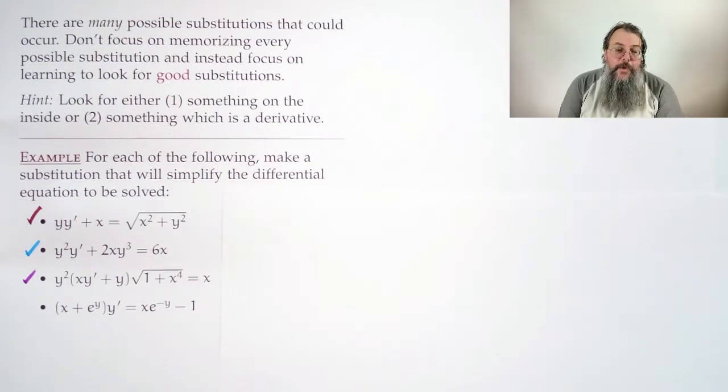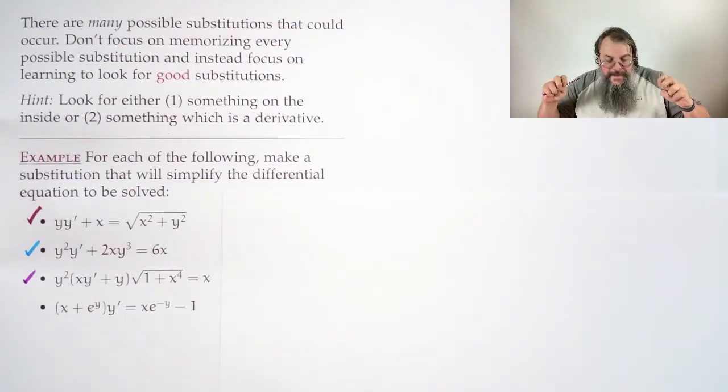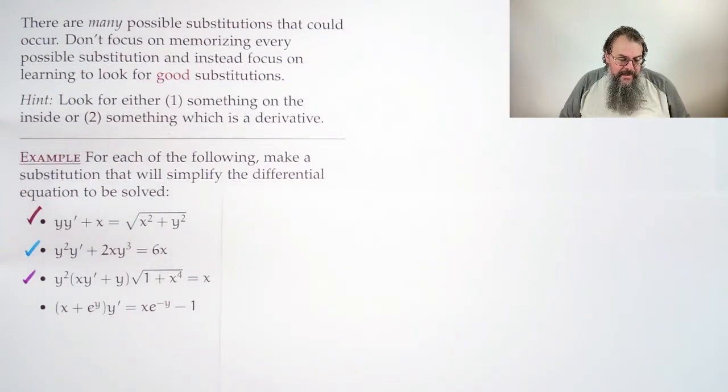(x + e^y) y' = x e^(-y) - 1. Now, what's the substitution to make here? That's actually a great question. It's not so clear what the right substitution is.